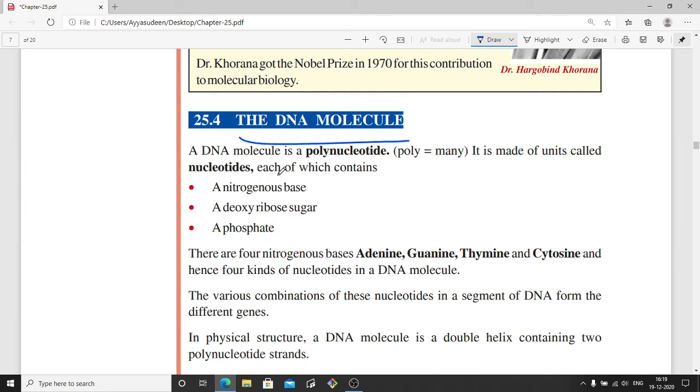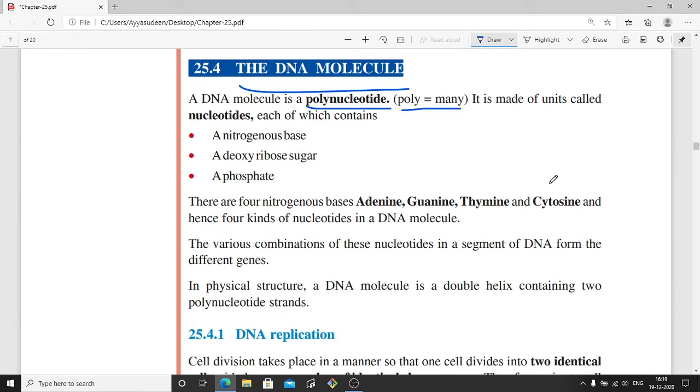The next one is the DNA molecule. What is a DNA molecule? As we said, it is a polynucleotide, made up of many nucleotides. It contains a nitrogenous base, a deoxyribose sugar, and a phosphate. It has four nitrogenous bases: adenine, guanine, thymine and cytosine.